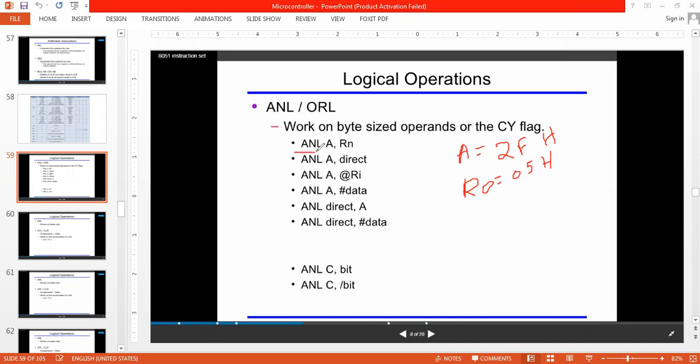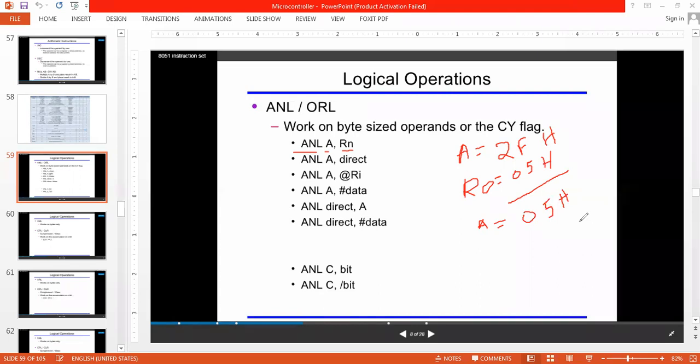Now when I say ANL A comma R0, the AND logic will be performed between the two data, and the result is stored into A. Who can tell me what will be the result if I AND 2F and 05? It is going to be 05H only.